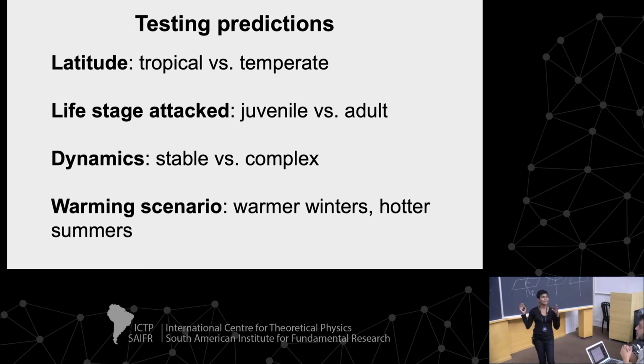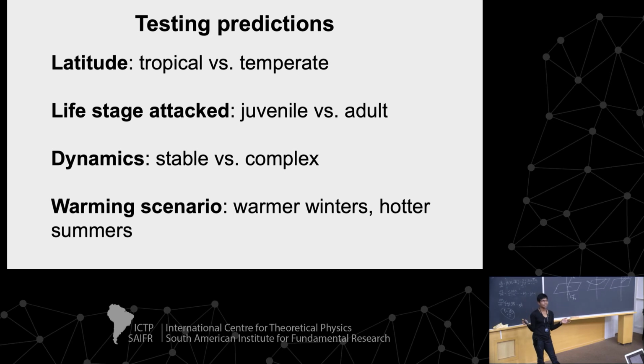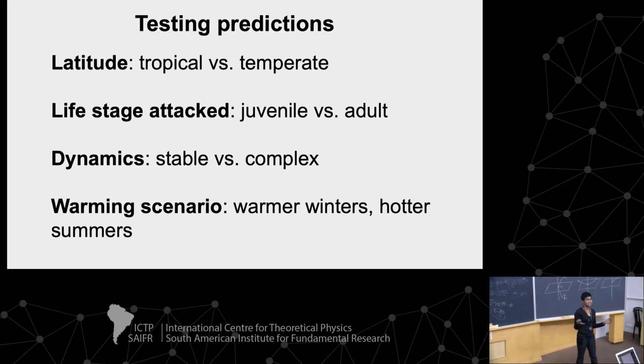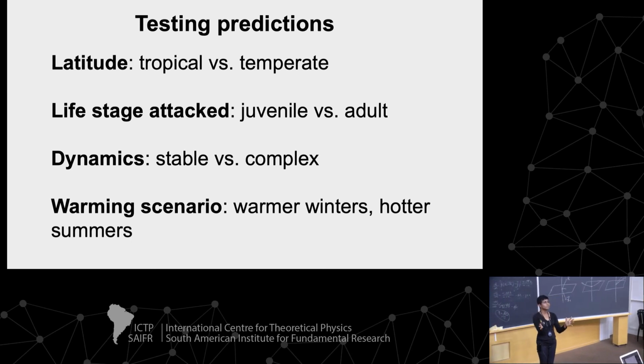Now, when we get to that time variable delay model, we can't do any analysis on it. We have to resort to numerical simulations. So this could be a nightmarish exercise because the parameter space is very large. What we do is we constrain it by looking at real species data from different latitudes.